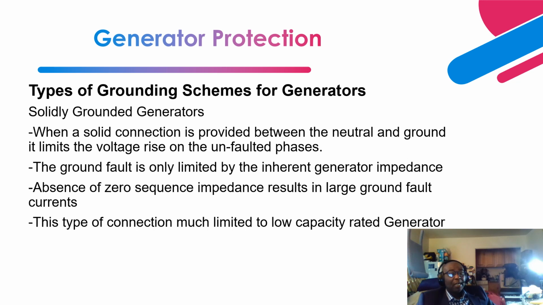Because there's no zero sequence impedance, the ground fault can be very large indeed, because there's nothing on the neutral to limit it. This can cause a lot of damage to the generator, especially for large generators. So most often than not, solidly grounded generators are utilized for very small, non-critical generators.